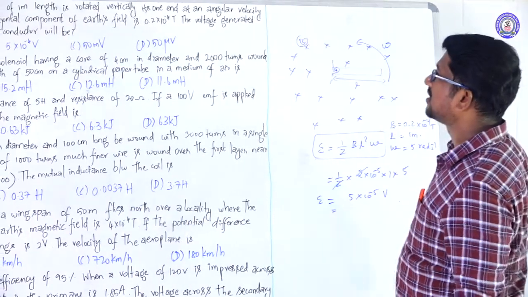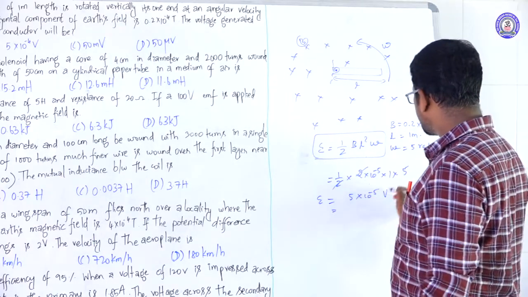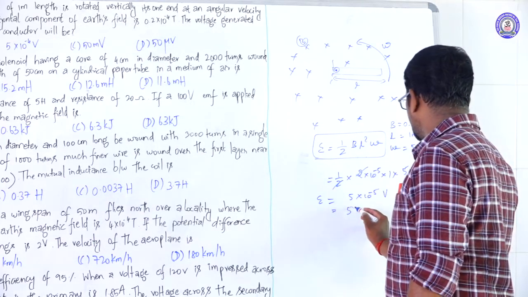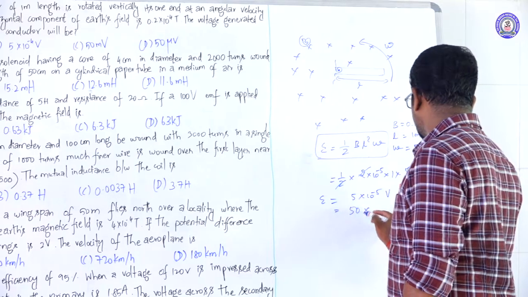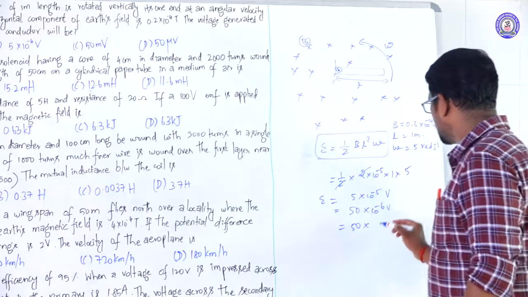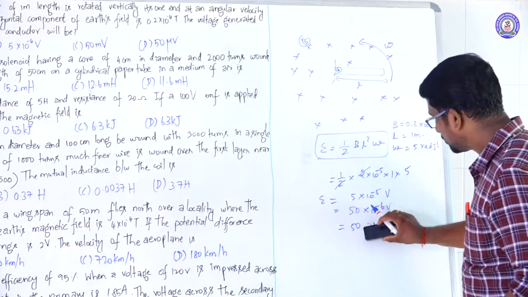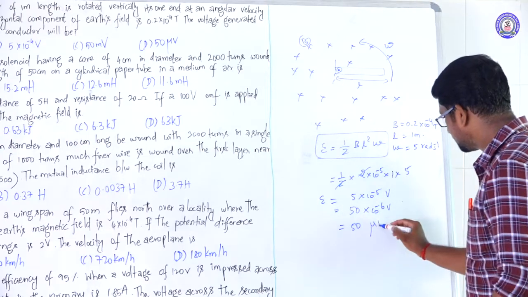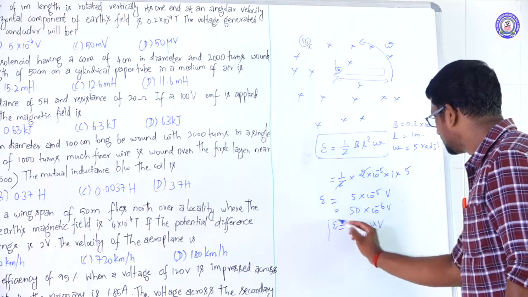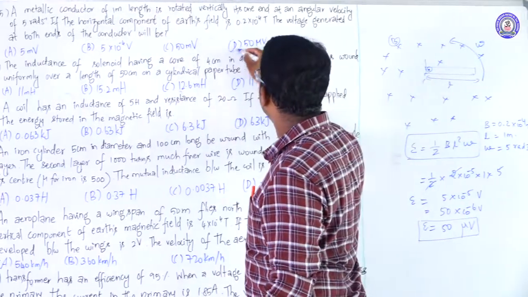But the options are in millivolt and also in microvolt. So converting this value to microvolt, we get 50 into 10 power minus 6 volt, which is 50 microvolt. So induced EMF is 50 microvolt.